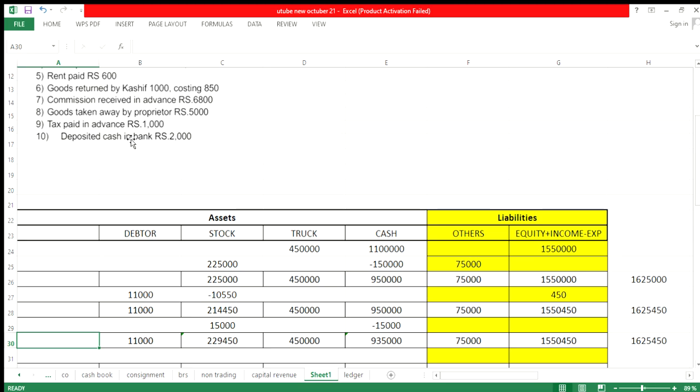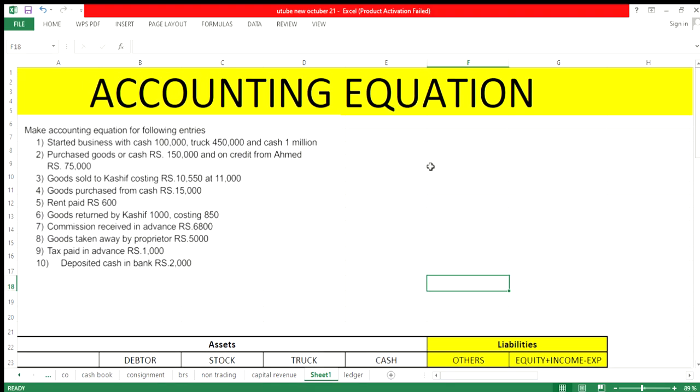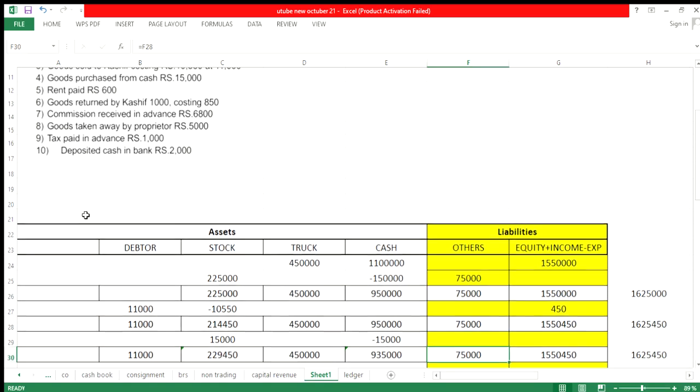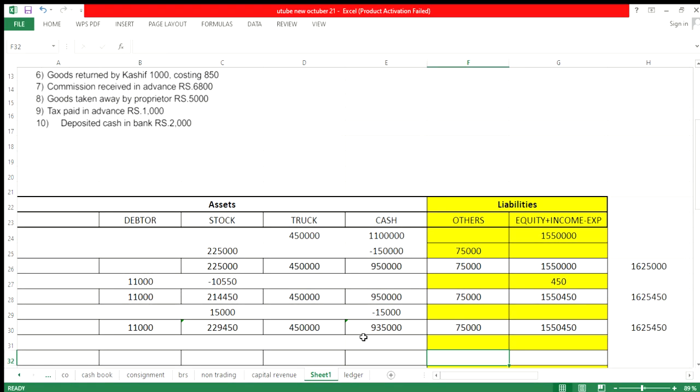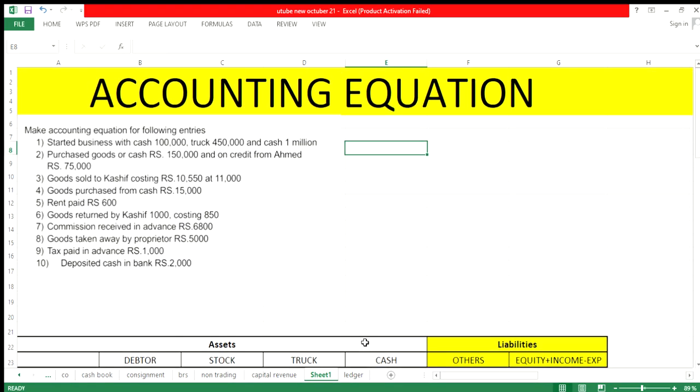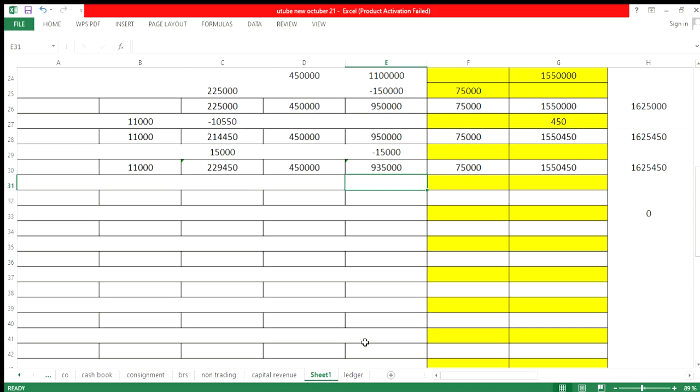Goods were purchased. Now next, how many entries have we done? Goods purchased. Now rent. Note it down. Rent paid 600. You have paid rent, that means cash is going out. And how much rent? 600. So minus 600 cash is going out.